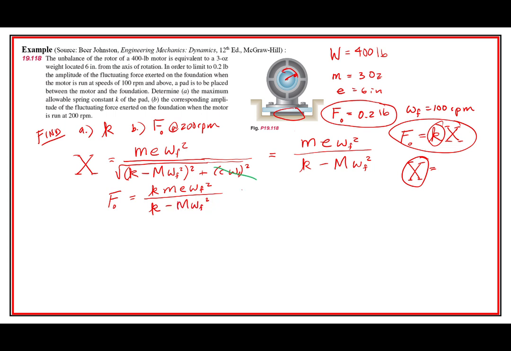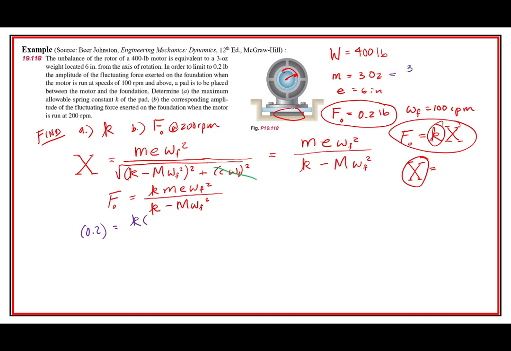All right, so let's plug some values in here. Let's change some colors up. So 0.2 pounds is going to be equal to K, which we don't know, times M, which is something we need to compute. I'll do it up here.